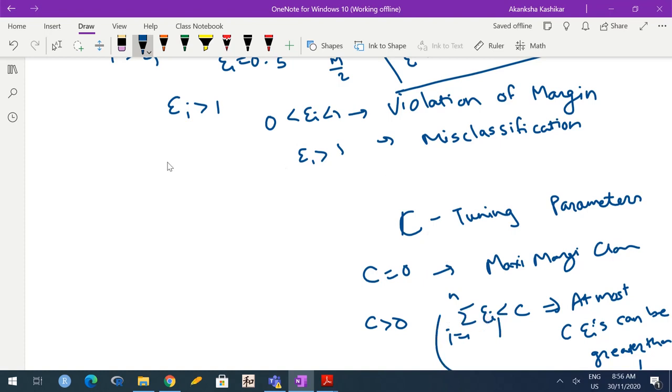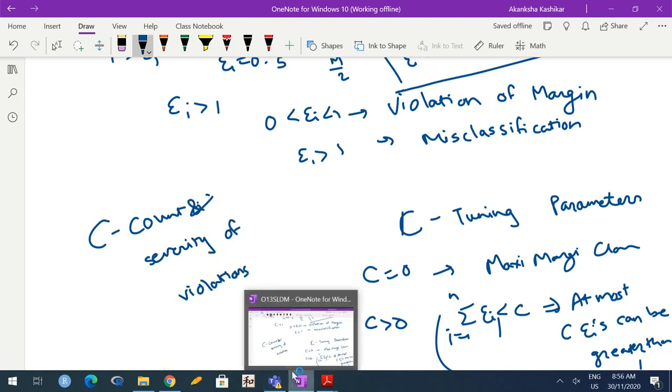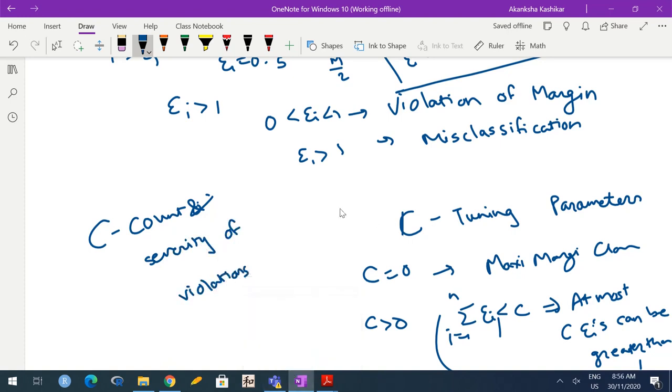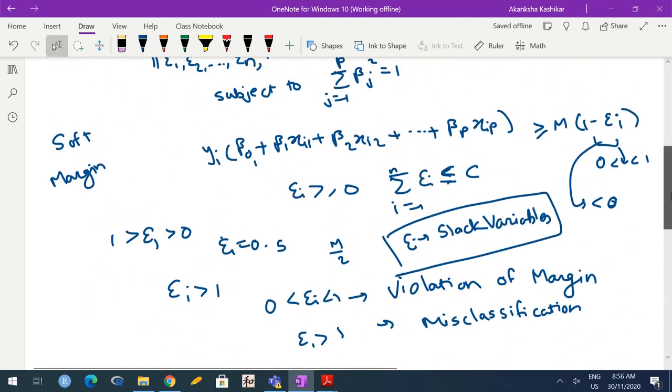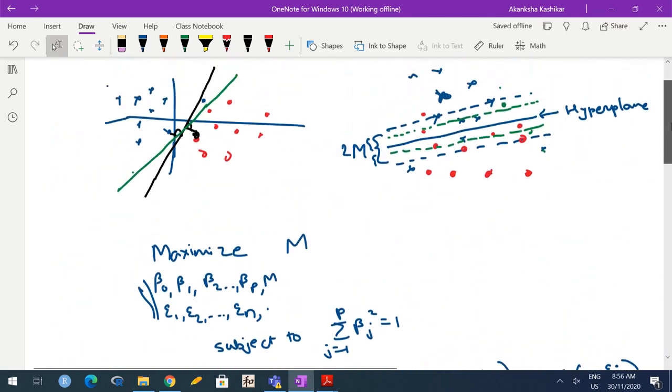So C controls the count and severity of violations, and C is known as tuning parameter. So we can experiment with different values of C, and by cross validation we can choose the best C, because after all our final aim is prediction. So best C can be chosen via cross validation.